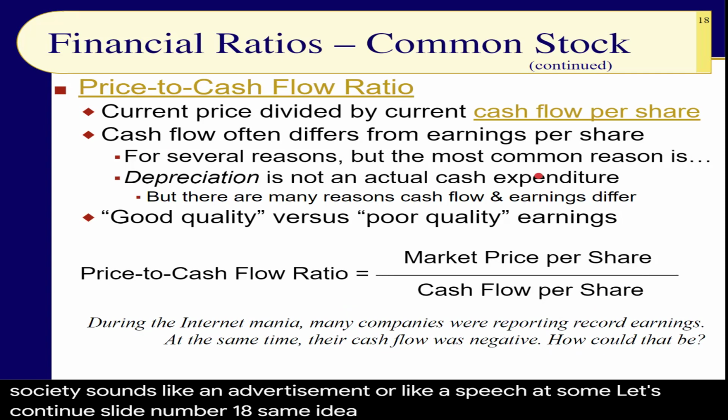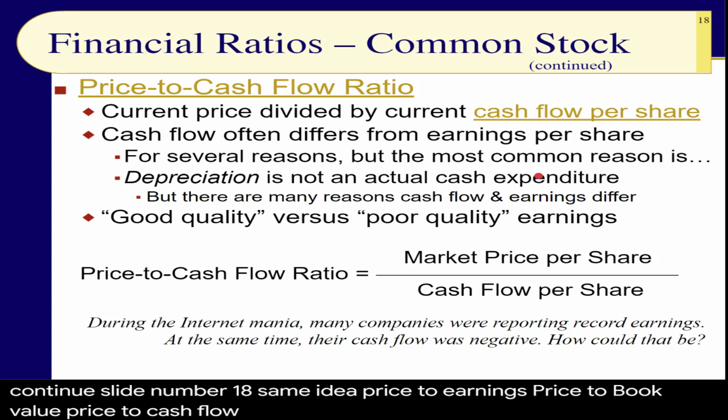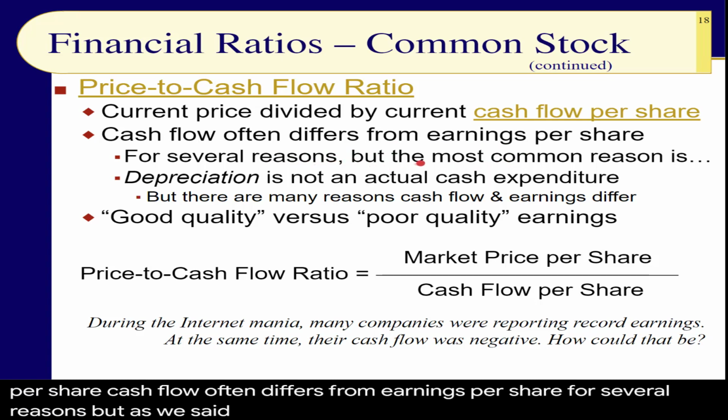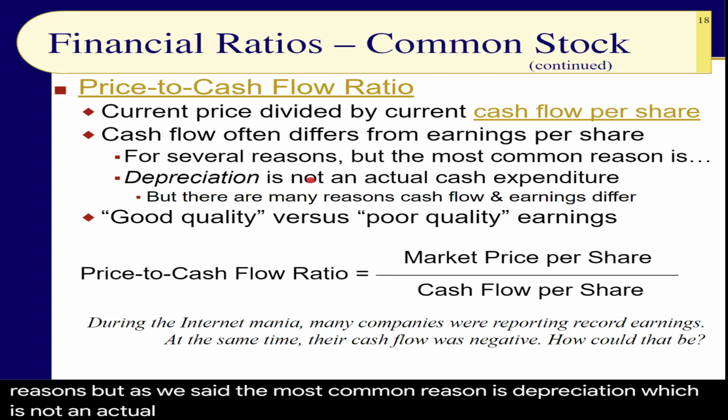Same idea. Price to earnings, price to book value, price to cash flow. Current price divided by the current cash flow per share. Cash flow often differs from earnings per share for several reasons, but as we said, the most common reason is depreciation, which is not an actual cash expenditure.